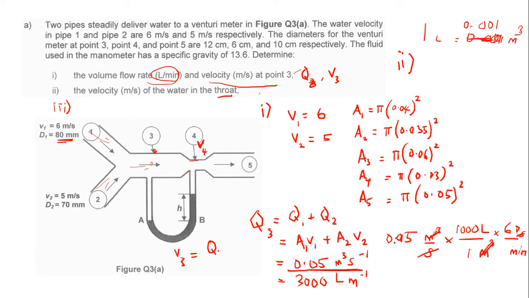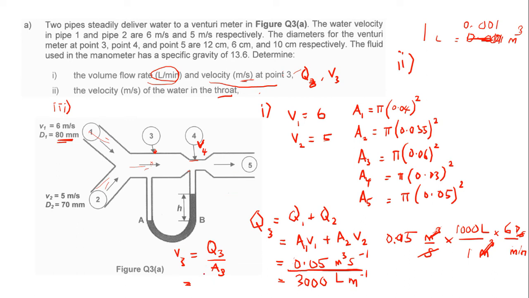So Q3 divided by A3. You already found your Q3, 0.05, and you have your A3 here: pi times 0.06 squared. So this will give you your V3. What is the value? They ask you to find meter per second, so you need to use 0.05, not 3000.